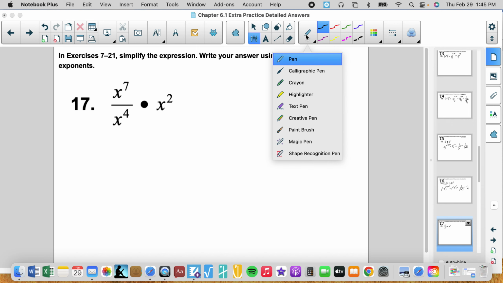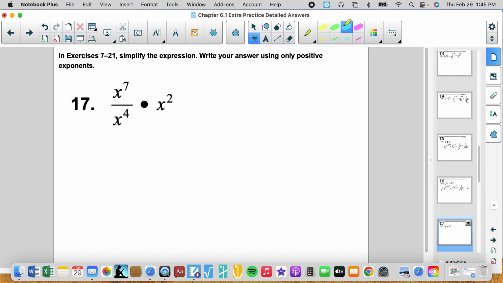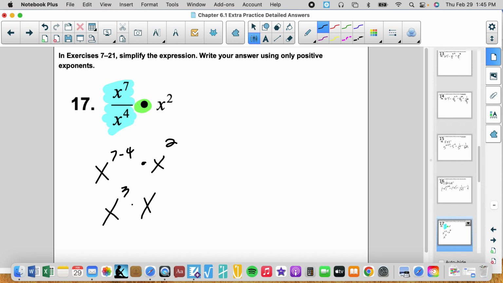Let's do this first. Let's do the division, because order of operations tells me to do division before multiplication. They are equal but left to right, so we will simplify that. That's going to be x to the 7th minus 4 times x to the 2nd. So x to the 7th minus 4 is x to the 3rd times x squared is going to equal x to the 3 plus 2, or x to the 5th.